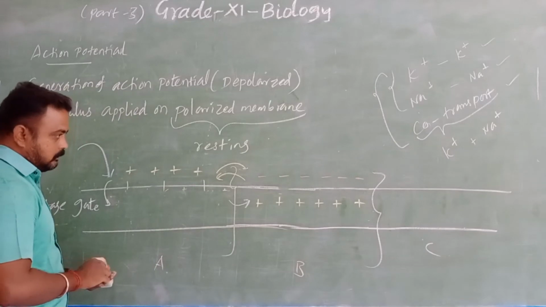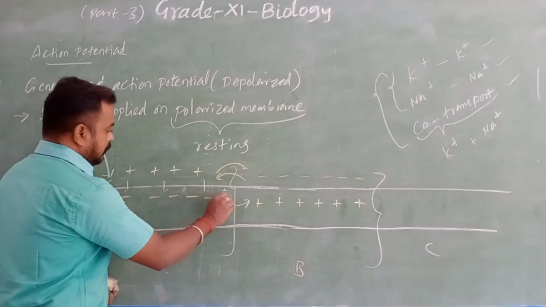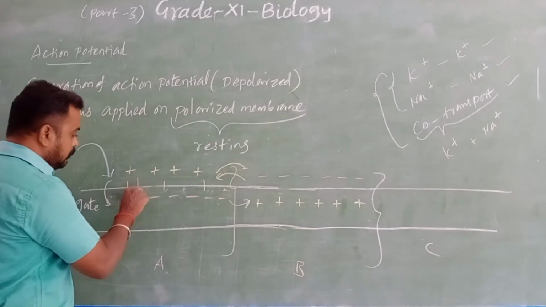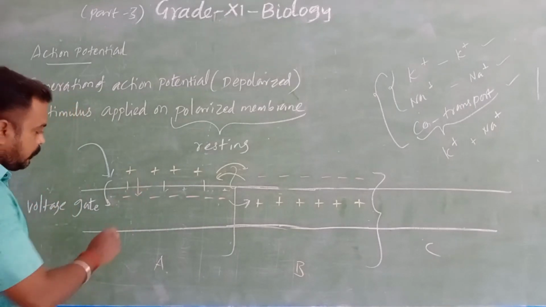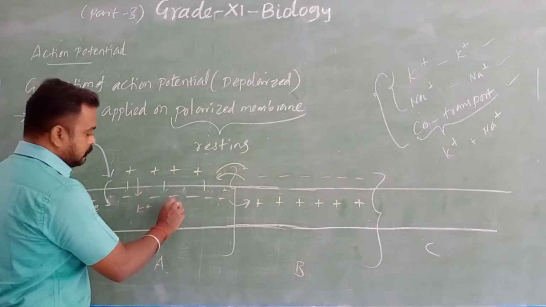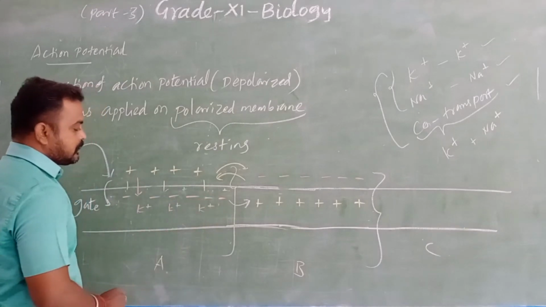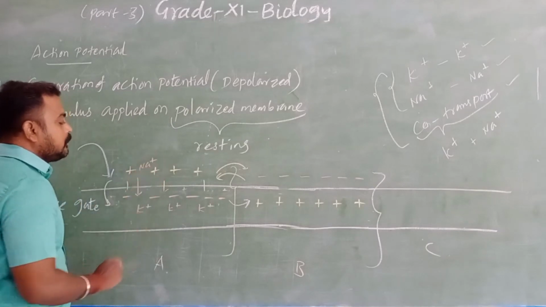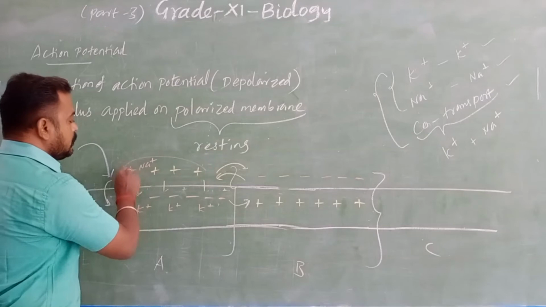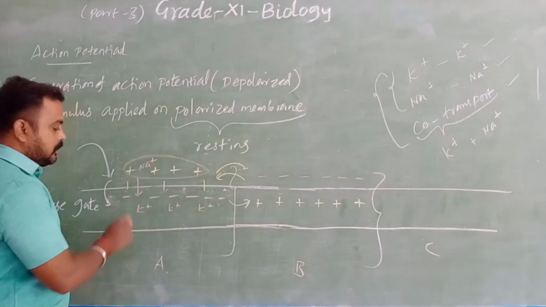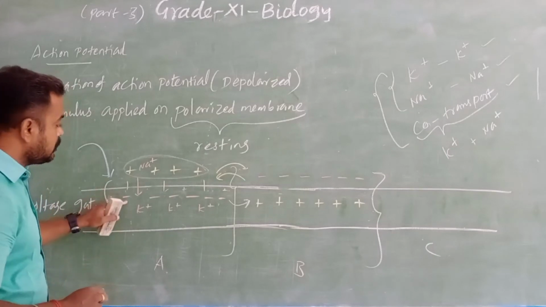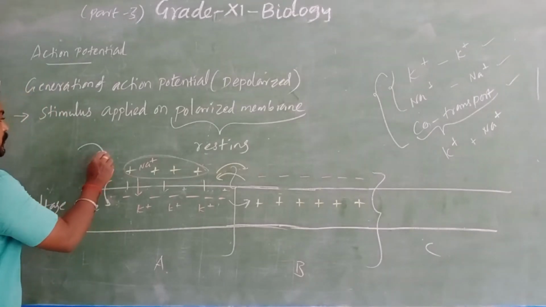Negatively charged. Because of influx of what? Influx of potassium happens. Here outflux of sodium happens. So it changes to positively charged. Here it changes to negatively charged. It is what? Repolarization.